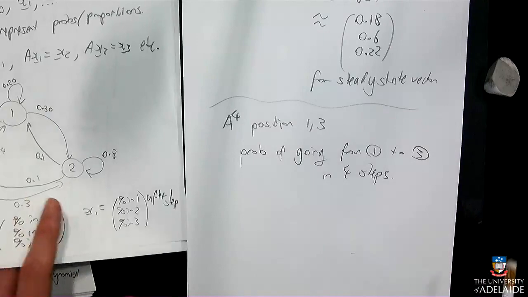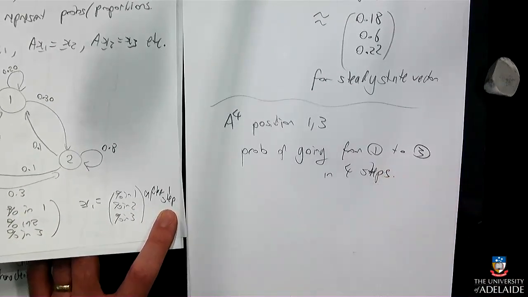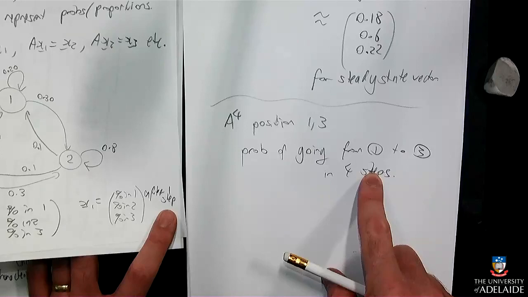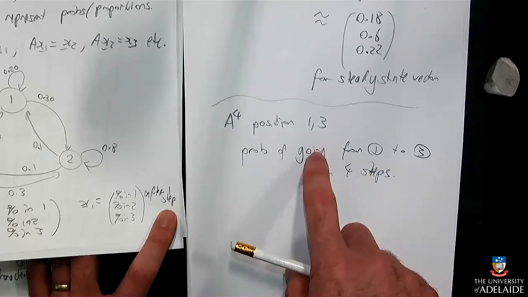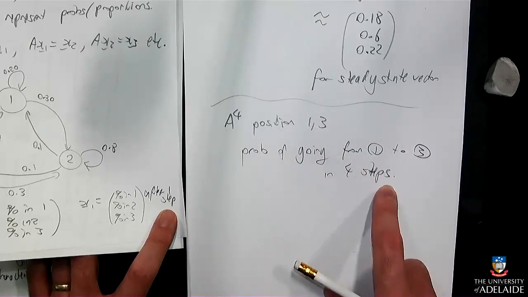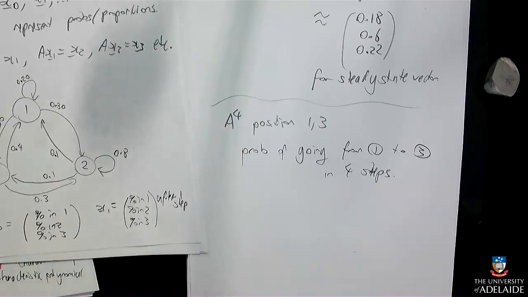So back with the adjacency matrices of graphs, it told you the number of paths that go from 1 to 3 that are 4 steps long, right? And now this is saying the percentage of paths that go from one to the other in 4 steps. It's the same idea. Yeah, tells you the same thing.